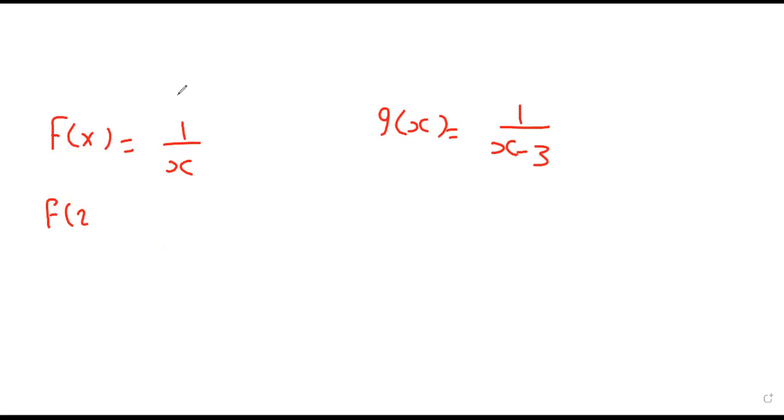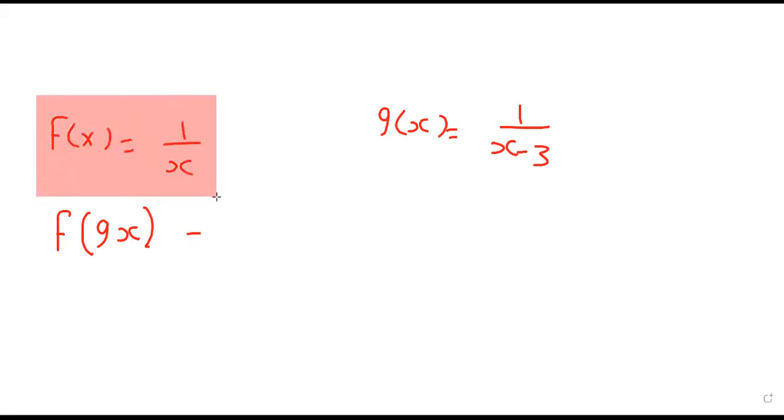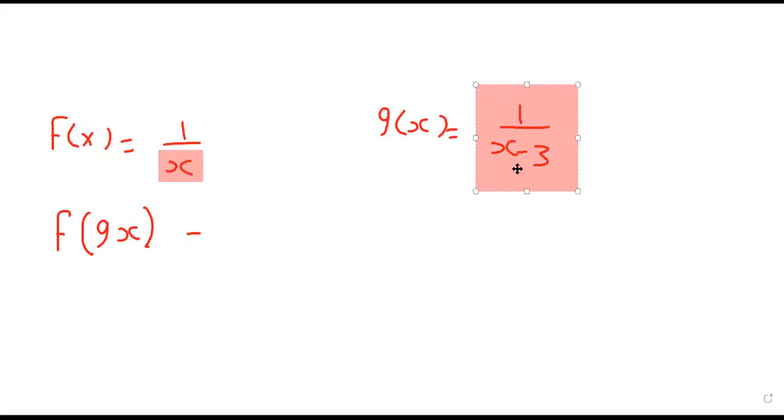And what if I ask you about f of g of x? What is the meaning of that? f of g of x, I'm going to put g of x into f of x. So instead of x in the first function, which is f of x, any x which is written in the function, we are going to put instead of x, 1 over x minus 3.